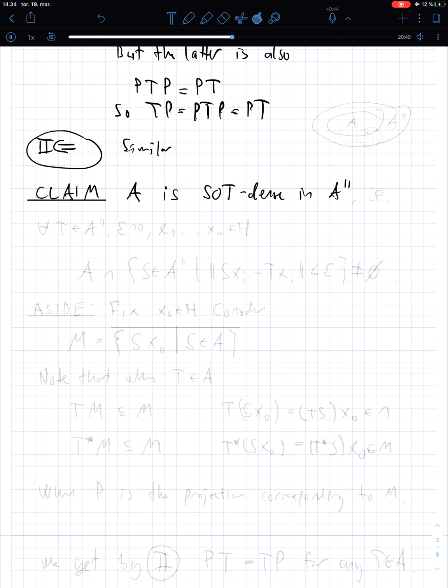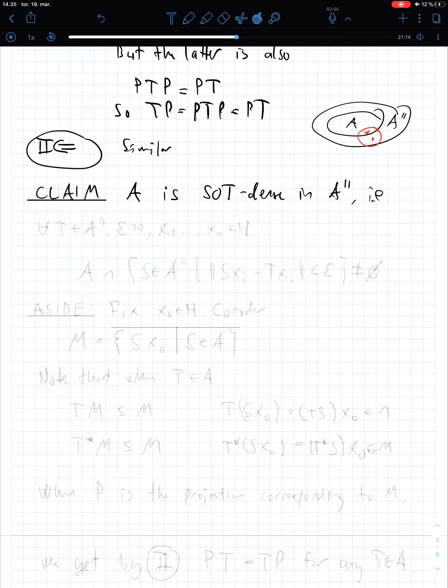So we have A sitting inside A double prime, and what I want to prove is that when you look at the closure of A in the strong operator topology, it contains all of A double prime. And this I want to do in the following way. Whenever I have a neighborhood of a point in A double prime, I claim that it contains something from A. So it's sort of a classical denseness property.